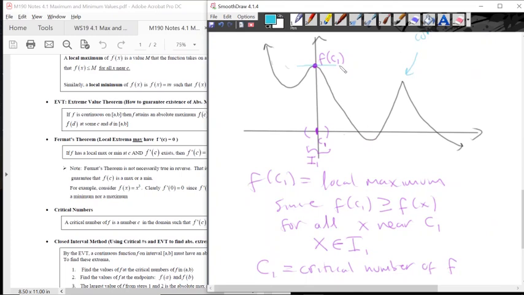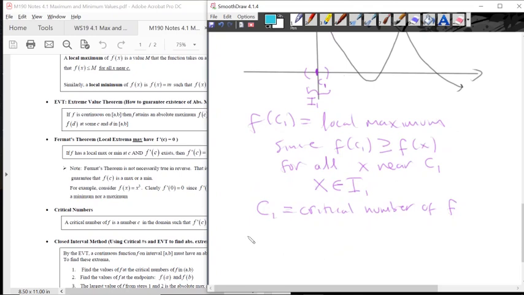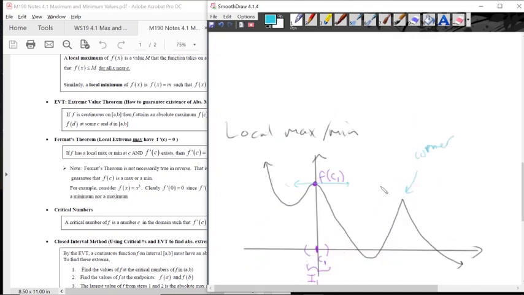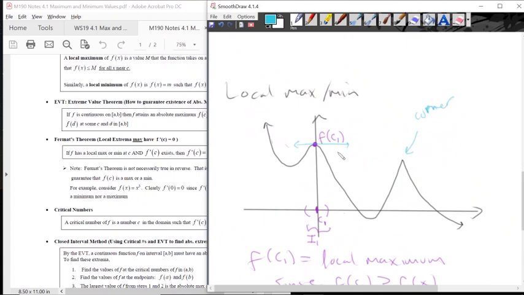The slope of the tangent line is equal to 0 there. So we can write f prime of c1 is equal to 0. Hence it is a critical number of f. That's the tangent line right there.